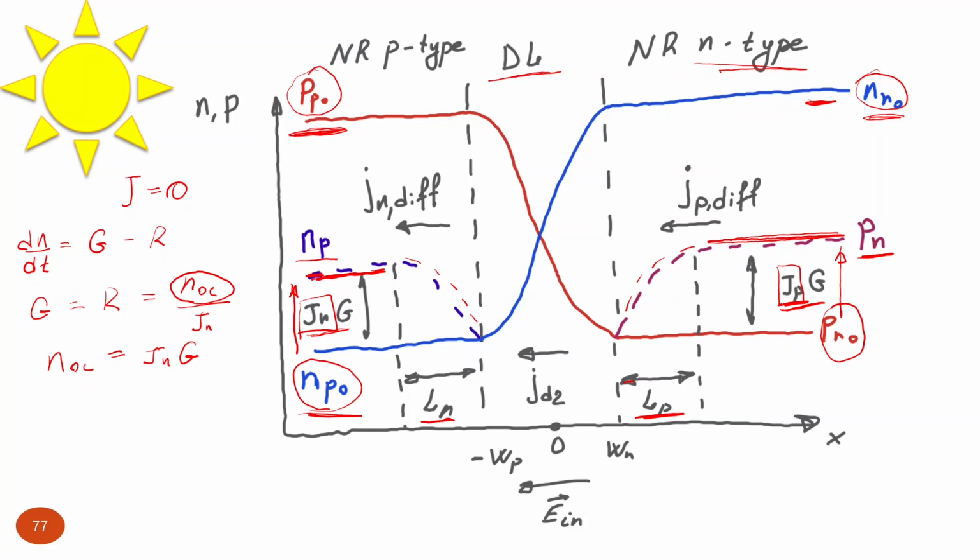So here we decrease the concentration of these non-equilibrium photo-generated minority charge carriers because of drift. Don't forget, inside the depletion region we have a strong electric field, and this electric field extracts charge carriers: it extracts holes from the n-type region and electrons from the p-type region.